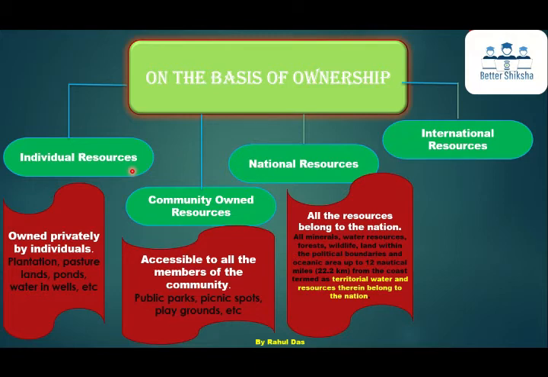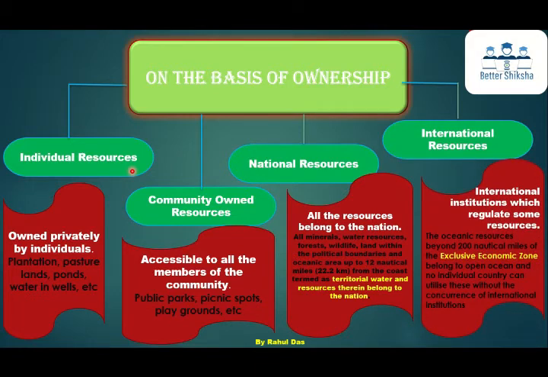The fourth one is international resources. International institutions regulate some resources, and these are known as international resources. The oceanic resources beyond 200 nautical miles have a special name, that is EEZ, the exclusive economic zone.